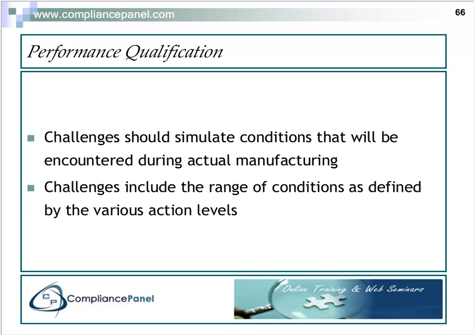And we're talking about actual manufacturing. We may have a short run here that creates a product in a limited quantity, for instance. And later on when we go into full-scale production, we might be running in higher quantities. Our challenges need to include the entire range of conditions as defined by all of our various action levels we decide.